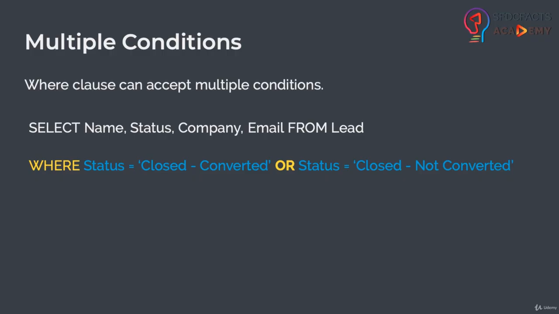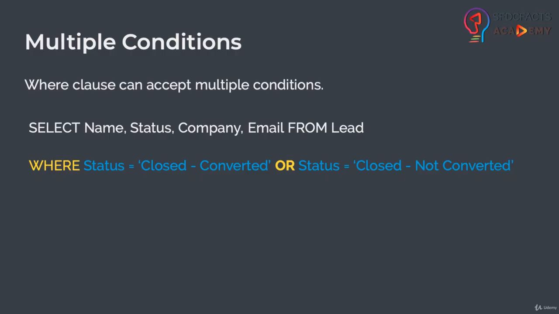So notice that we have 2 different conditions here. The first condition is status is equals to closed converted, and the second condition is status is equals to closed not converted. And both of these conditions are joined with a OR keyword. And the behavior of this OR keyword is very similar to how it works in our Apex language.